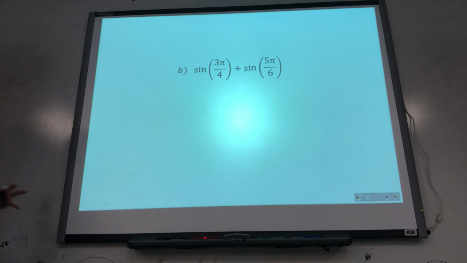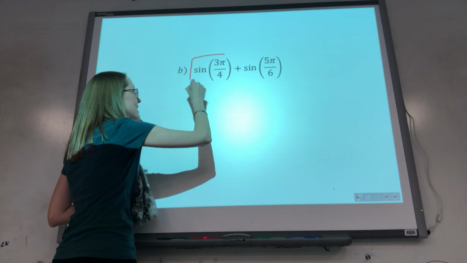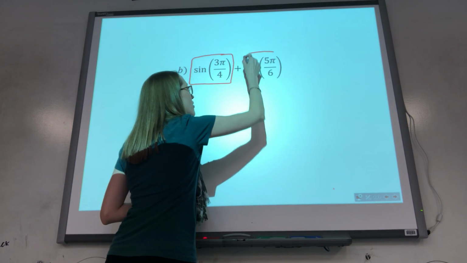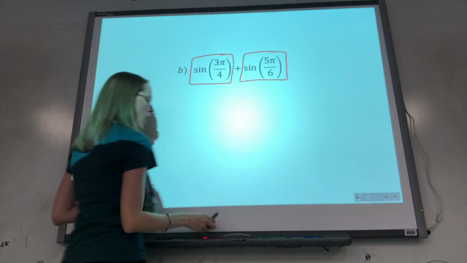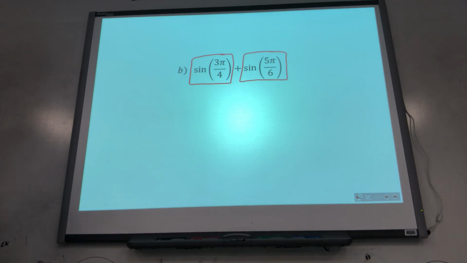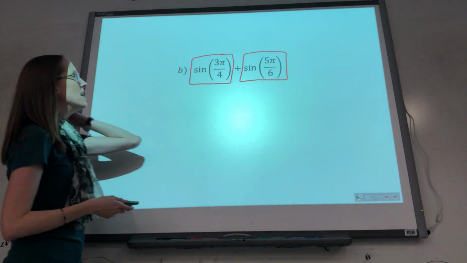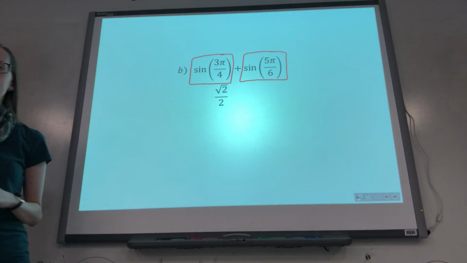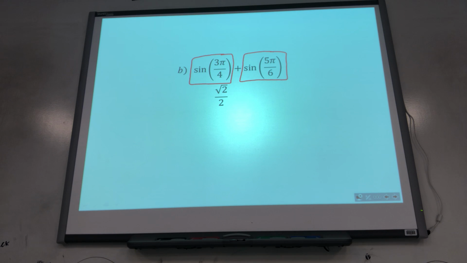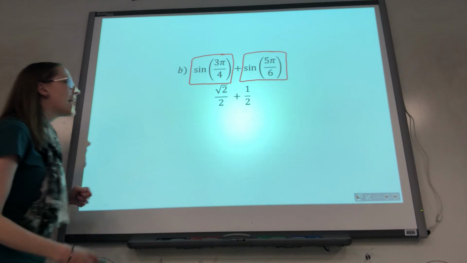You don't need a fancy formula for this. We can just look those up on Handy Dandy. Or actually, we probably looked them up earlier on part A. But sine of 3 pi over 4, that is radical 2 over 2, plus sine of 5 pi over 6, so that's plus a half.